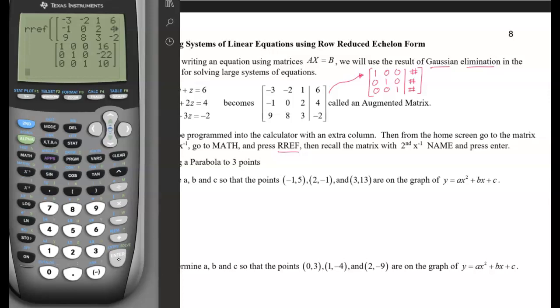So I'm going to go ahead and erase what I put in numbers here, and I'm going to put the actual numbers. 16, -22, 10. What this means is x is 16, y is -22, and z is 10. And I'm done.